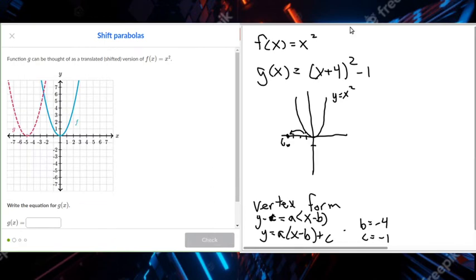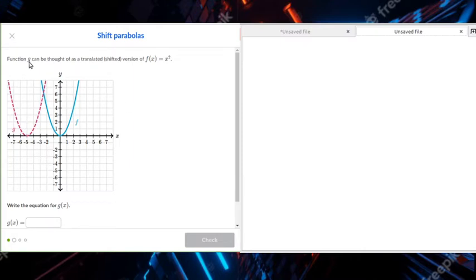Let me go ahead and get a new screen here. Function g can be thought of as a translated, shifted version of f of x.